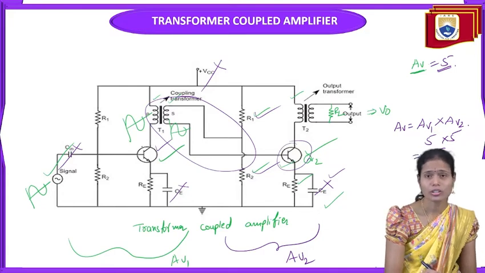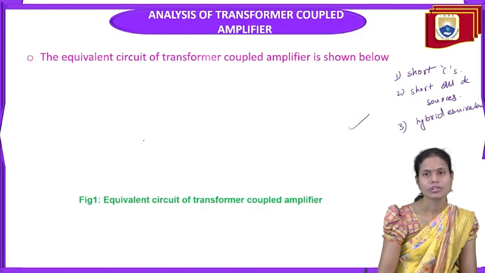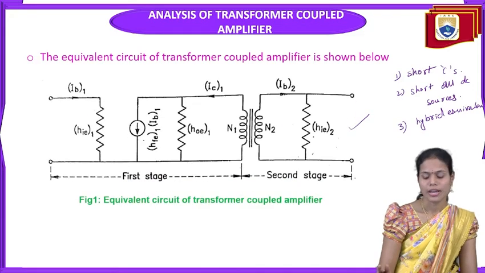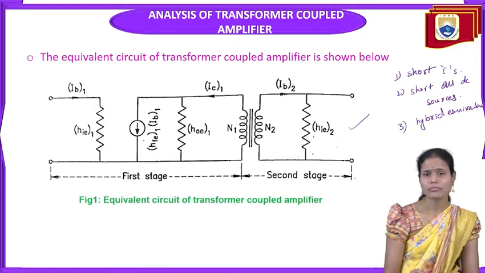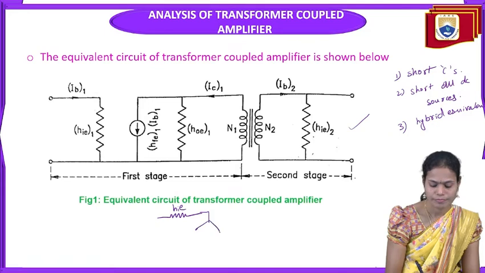In order to draw the hybrid equivalent of the transistor, in the previous sessions we have already discussed how to draw the hybrid equivalent circuit of the transistor. By using 4 h parameters, we can draw the equivalent circuit of the transistor here. And while drawing the equivalent circuit of the common emitter configuration, we will get it in this way. So this is the hie, hre Vce.